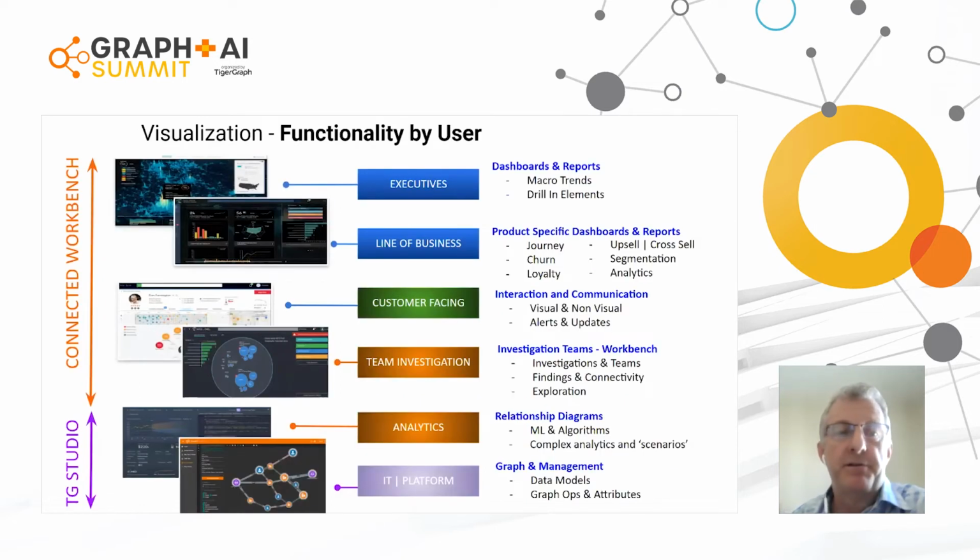Now, the second part to this is, where are you in the loop? So today, if you're more of a DBA or IT team, or team members that are sort of down there in the bottom of our graphic here, the Tiger Graph Studio is a fabulous way to do that, right? It has a good interaction. You can write your models, et cetera. What we start to see now is part of the toolkit that Xpero brings to the table that bolts right in.